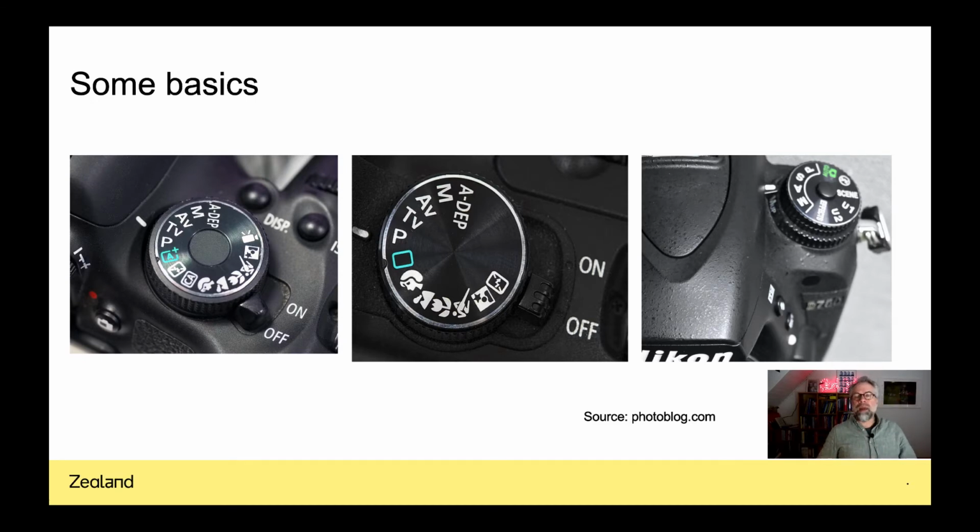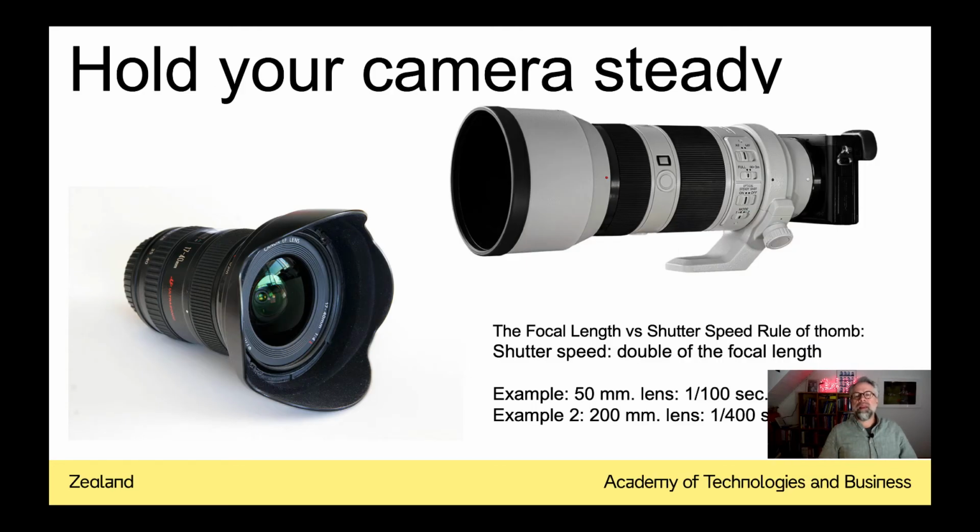A little more basics. That has to do with the focal length versus shutter speed rule of thumb, which means that the focal length is important when you choose your shutter speed, at least if you want to have sharp images.